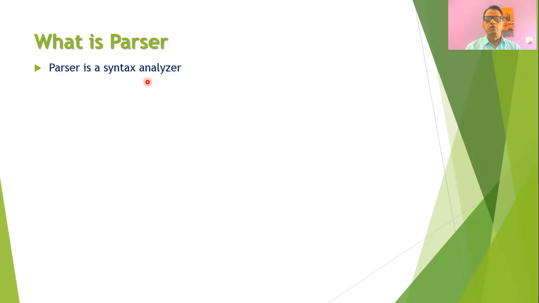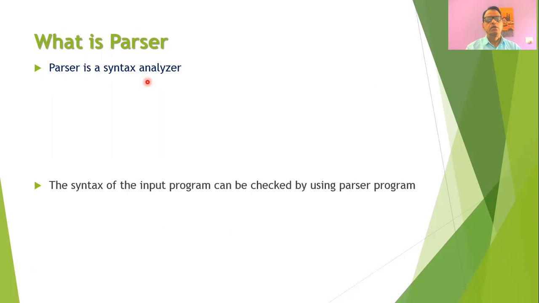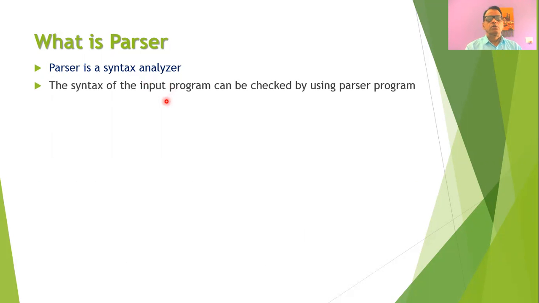Whether you have followed these rules or not is checked by using a program, and this program is called the syntax analyzer. So the syntax of the input program can be checked by this program, which is called a parser program. So parser is nothing but a software, or you can say it is the second phase of compilation.